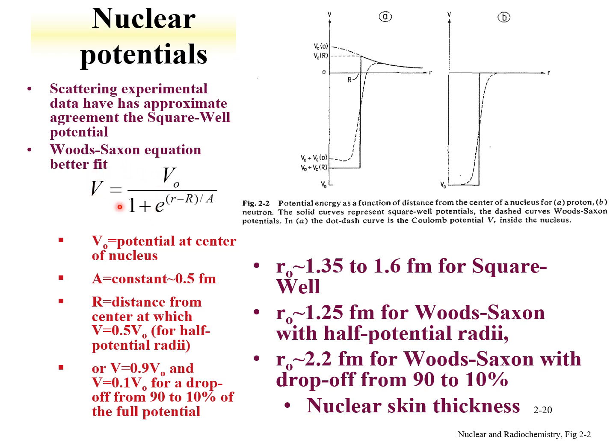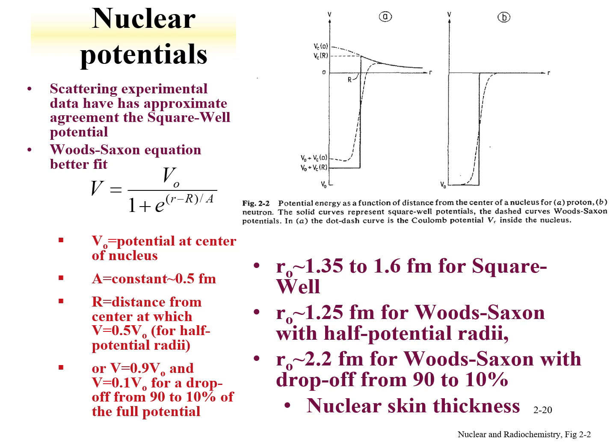You can determine something about a potential by understanding the potential at the origin and applying this equation, where r is the distance, R is the distance from the center at which you get a half potential, a is a constant, and this is the potential at the center of the nucleus.